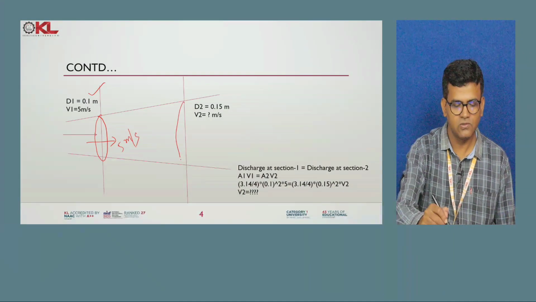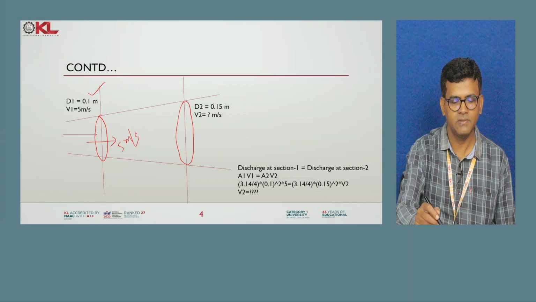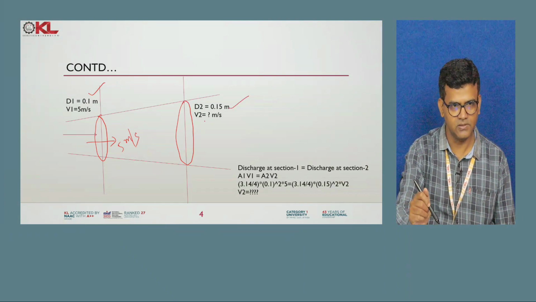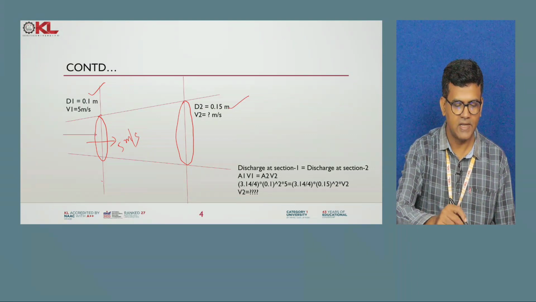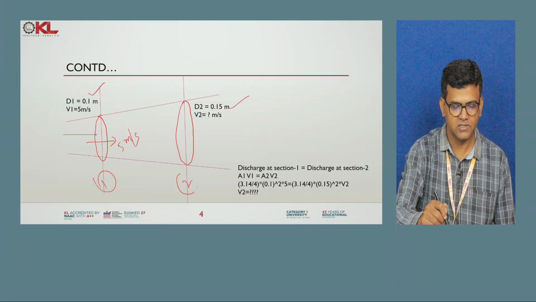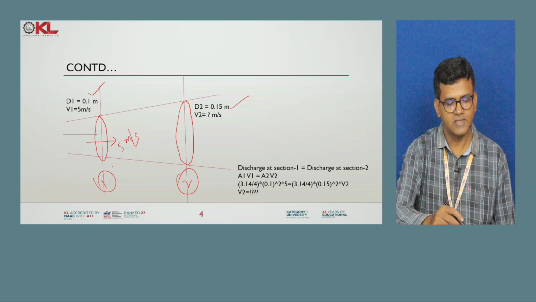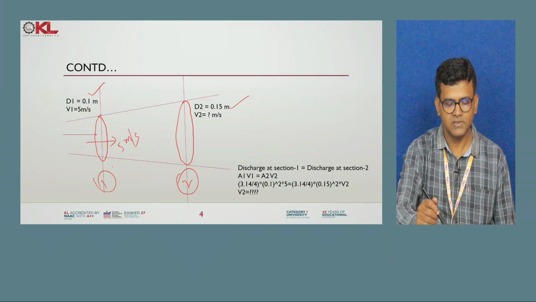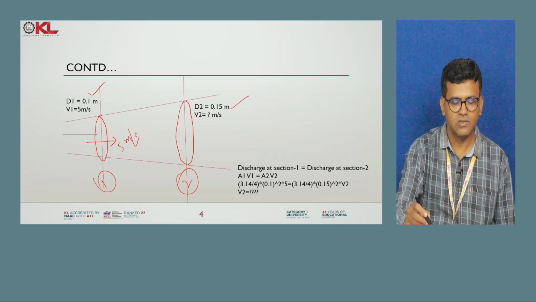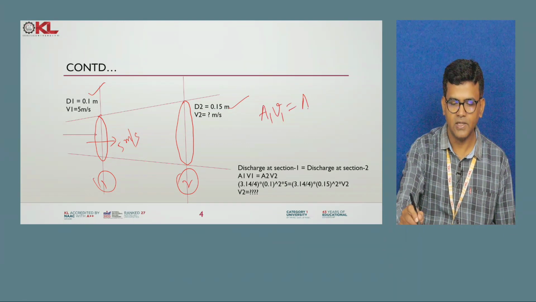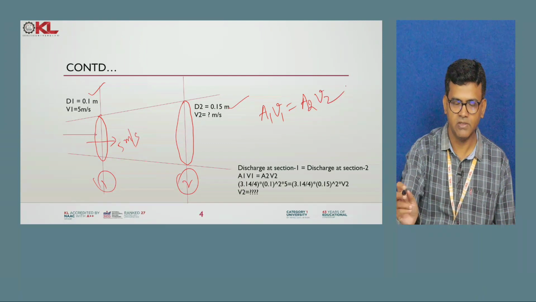At section 2 the diameter is 0.15 meter and you have to find the velocity. At section 1 and section 2, as per the conservation of mass, we can apply the continuity equation: A1 V1 equals A2 V2.